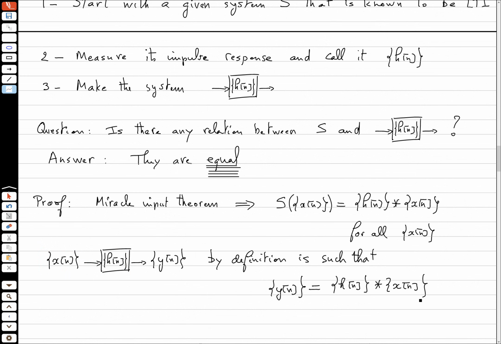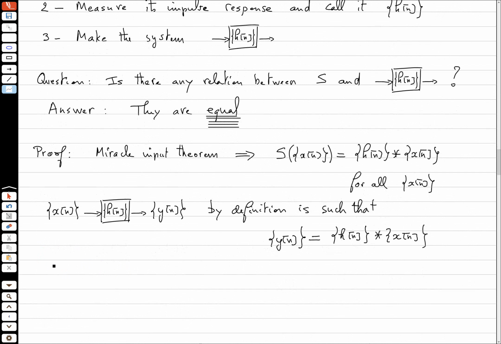Right? So the two systems are equal. Do you agree? So the two systems are equal.